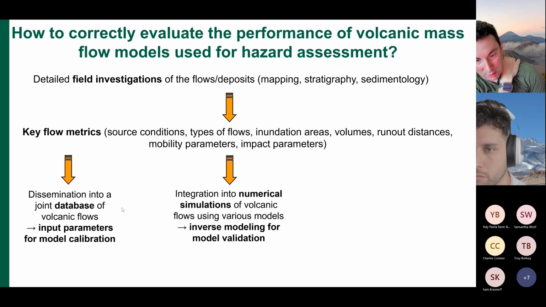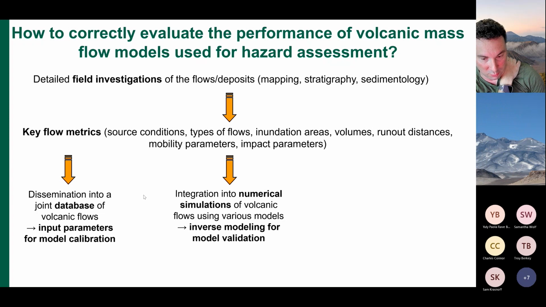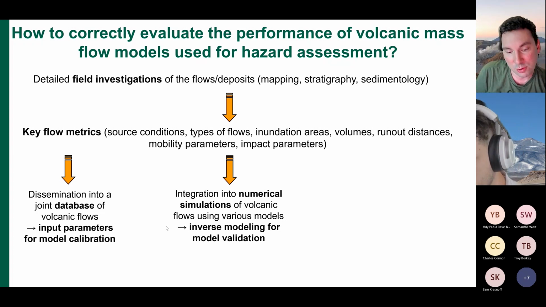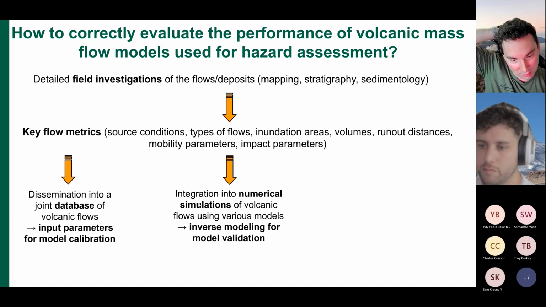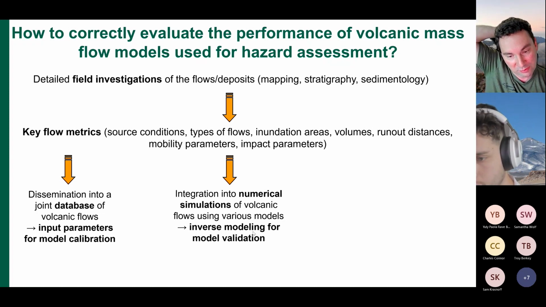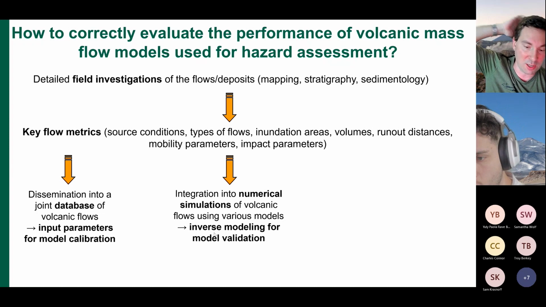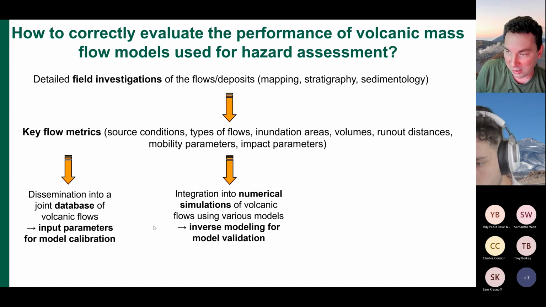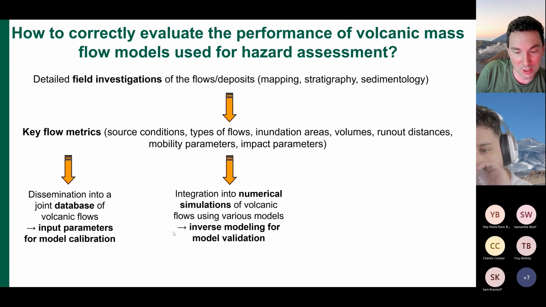Once you've done that, you can try to integrate this data into numerical simulations of volcanic flows using various models. That is basically trying to do some inverse modeling for model validation. And I think that's a step that any modeler should do before trying to move to the next step, which would be the forecast modeling or the forward modeling.